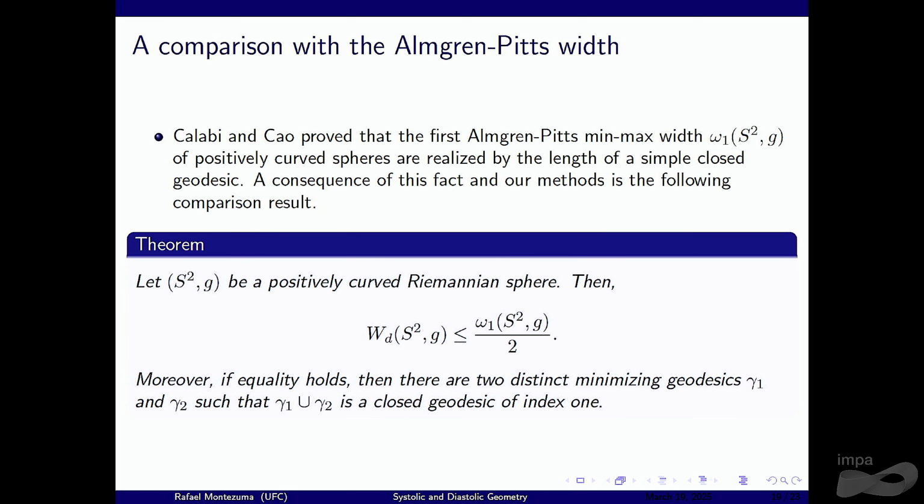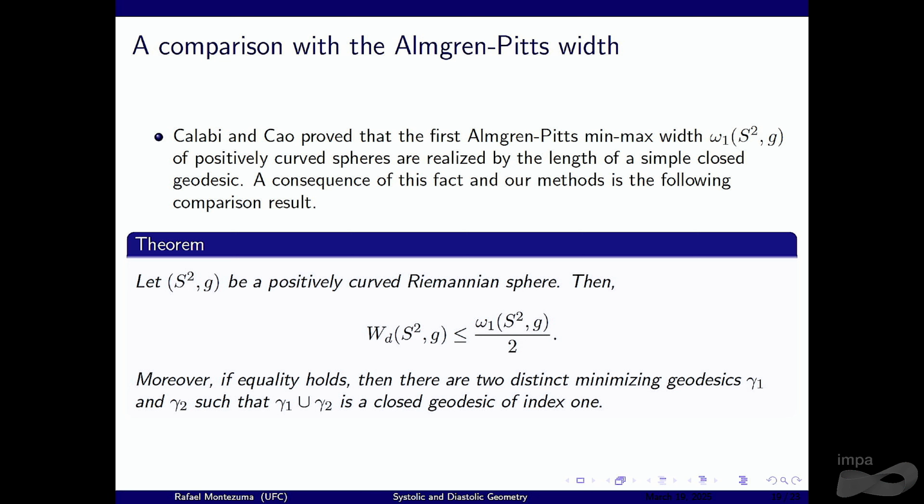I also wanted to mention there's a comparison with the Almgren-Pitts width in the case of positive curvature. In this setting, Calabi and Cao proved that the first width in Almgren-Pitts theory is realized by a closed simple geodesic. And in this setting, we can show that our width is bounded by half of that.